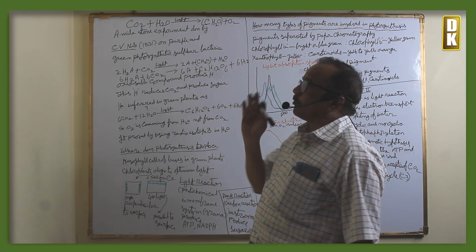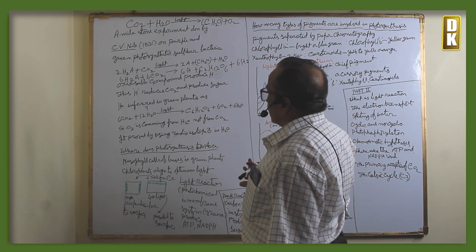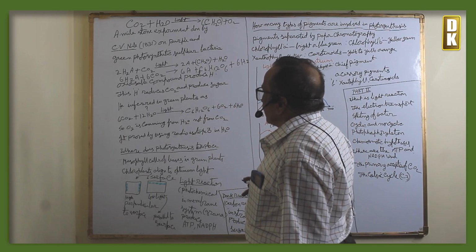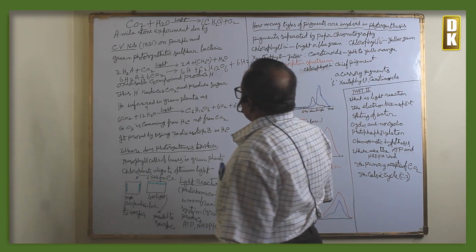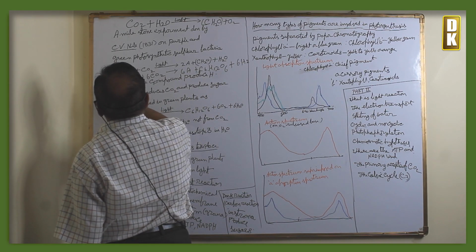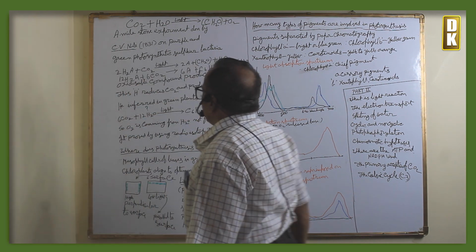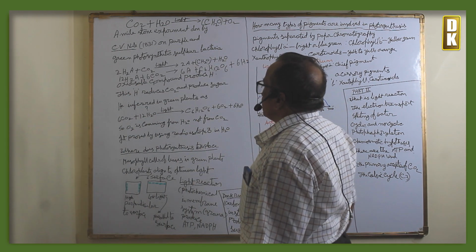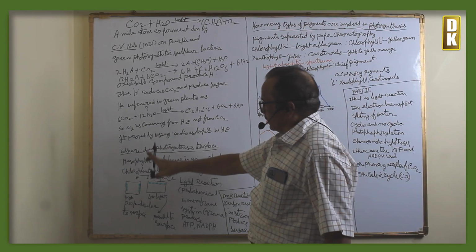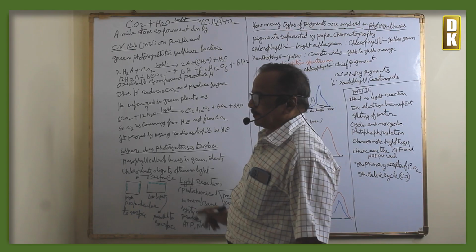Here you have to observe why the 12 has been taken. Here it is 2H2A, 6 molecules, so 12 actually. 12 H2A, and here 6 CO2, 12 H2O.